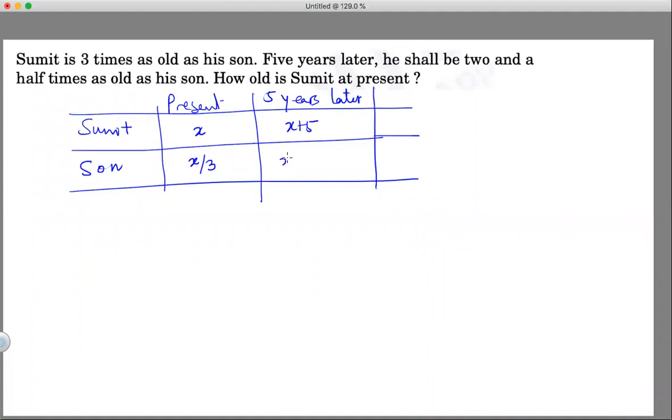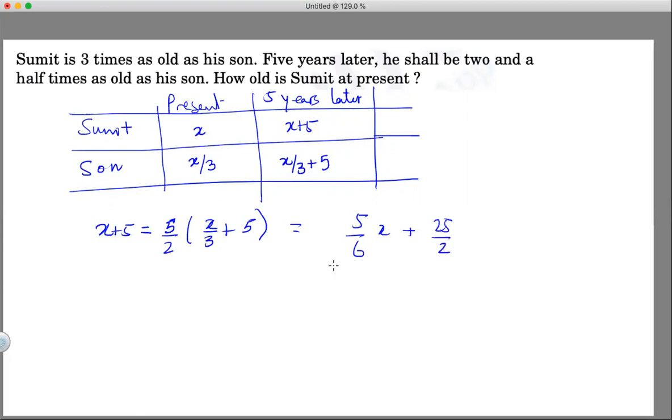And the son will be x by 3 plus 5. And at this time, what is the relation? X plus 5 is equal to 2.5 times. Okay, I can write it as 5 by 2 into x by 3 plus 5. Okay, so this is 5 by 6x plus 25 by 2.